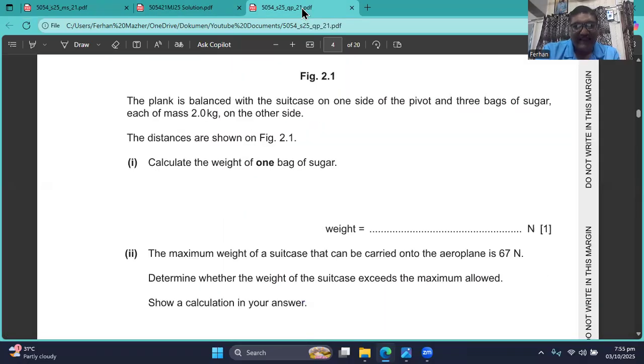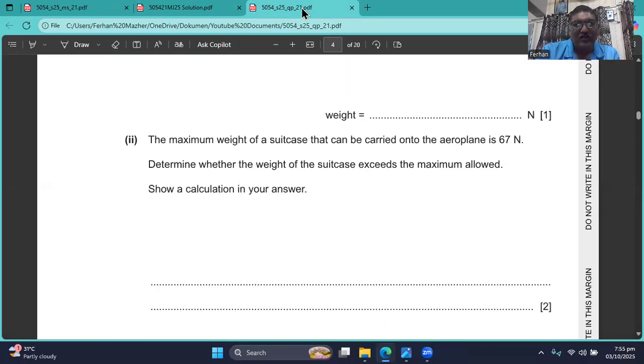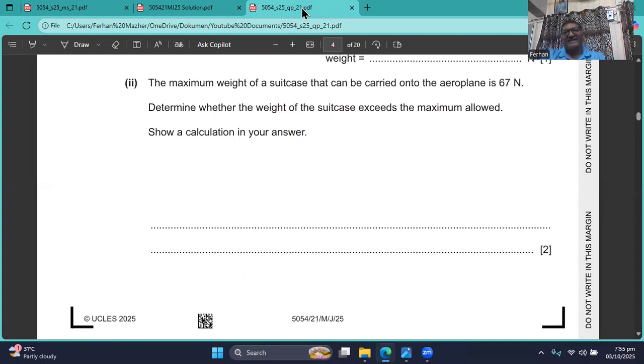Then they say the maximum weight of a suitcase that can be carried onto the aeroplane is 67 newtons. Determine whether the weight of the suitcase exceeds the maximum allowed. Show a calculation in your answer. So first of all, I will apply the principle of moments on this diagram.